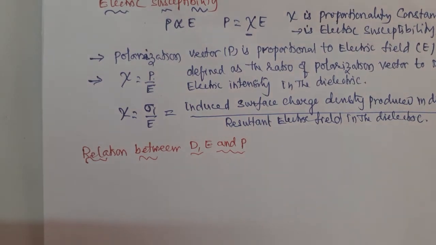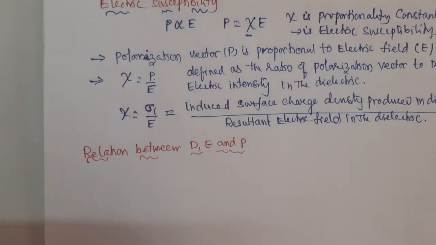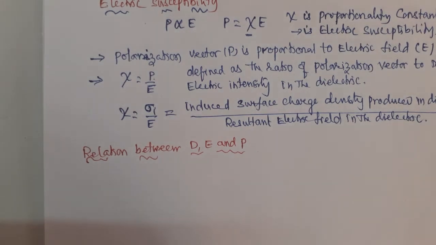E is nothing but the electric intensity. We know E is the electric intensity, and P is the polarization, and D is the electric displacement.